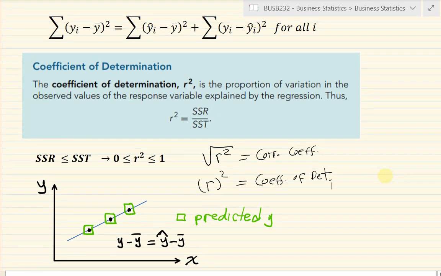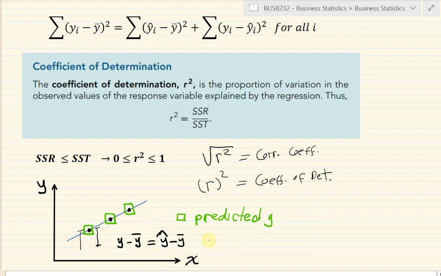And there you go. This would be an R squared of 1 in my graph. Notice observed values are circles and predicted values are squares. Exactly on the regression line, everything lies on the line. And let's say, hypothetically, let me draw a line, this is y bar. The difference between observed and y bar is exactly the same as predicted and y bar.